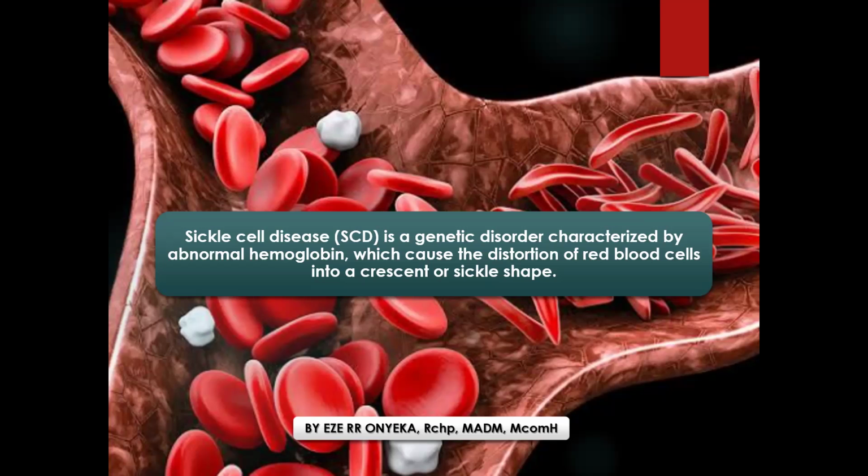So if there's a problem with the beta chains, mostly the beta chains, because the alpha is in that of the fetus and also in that of the adults, it is then after 6 months of life that the condition will show up.